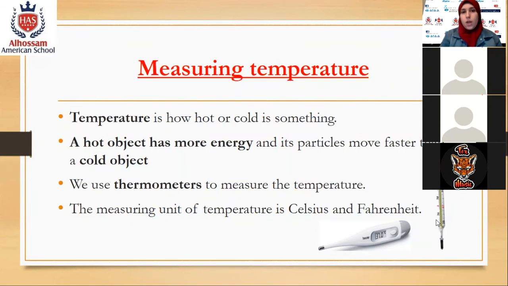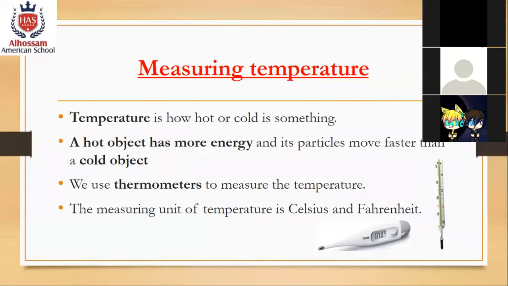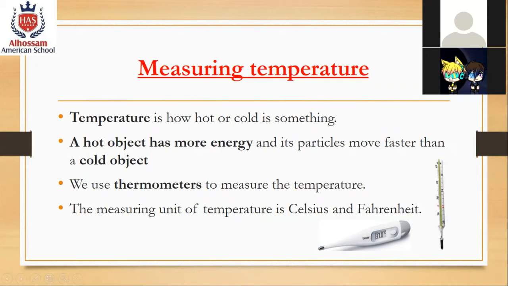And also, we finished sinking and floating, and we finished the density, and we finished also the weight. Measuring the weight. We said that the weight is completely different than the mass. And the mass is what? The amount of matter in a certain object, right? Okay, and we said that it's completely different than the weight, right?